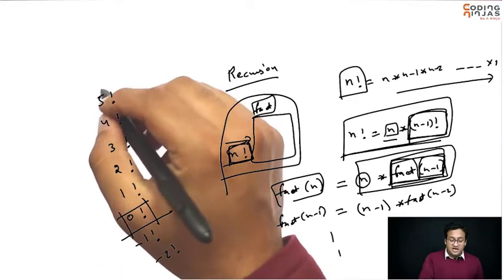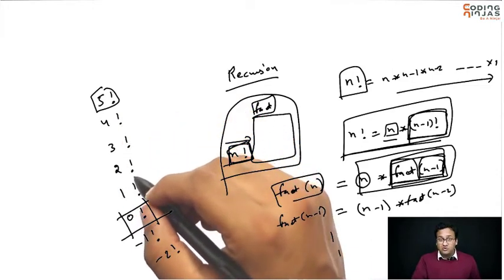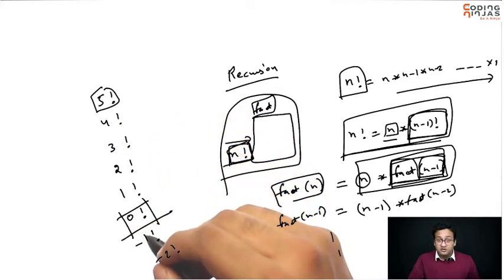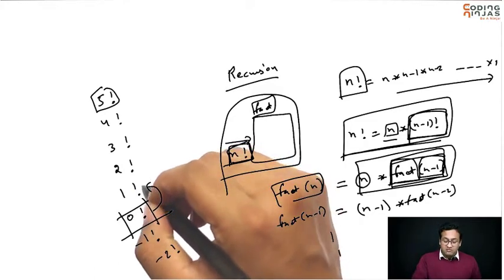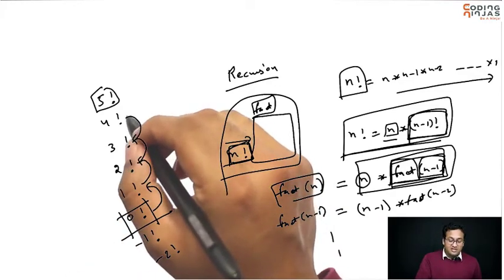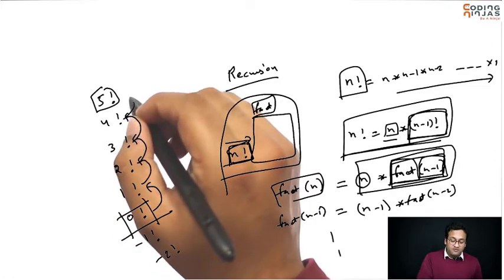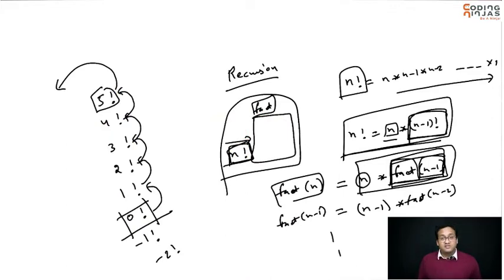So if I start from 5, 5 says give me 4, 4 says give me 3, 3 says give me 2, 2 says give me 1, 1 says give me 0, and 0 will say, okay, here is your answer. Using that, 1 will calculate its answer and pass it to 2, 2 will calculate its answer and pass it to 3, 3 will calculate its answer and pass it to 4, and 4 will calculate its answer and pass it to 5, which will basically give us the output that we wanted this function to calculate for us.